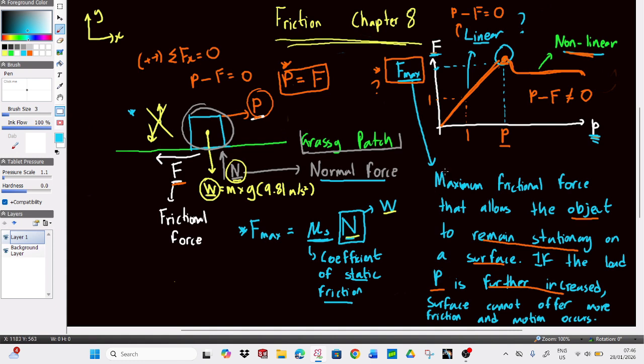And for the non-linear region, this particular force right here is the frictional force for the kinetic case. Let me just put a different color, I think it's a bit difficult with yellow.